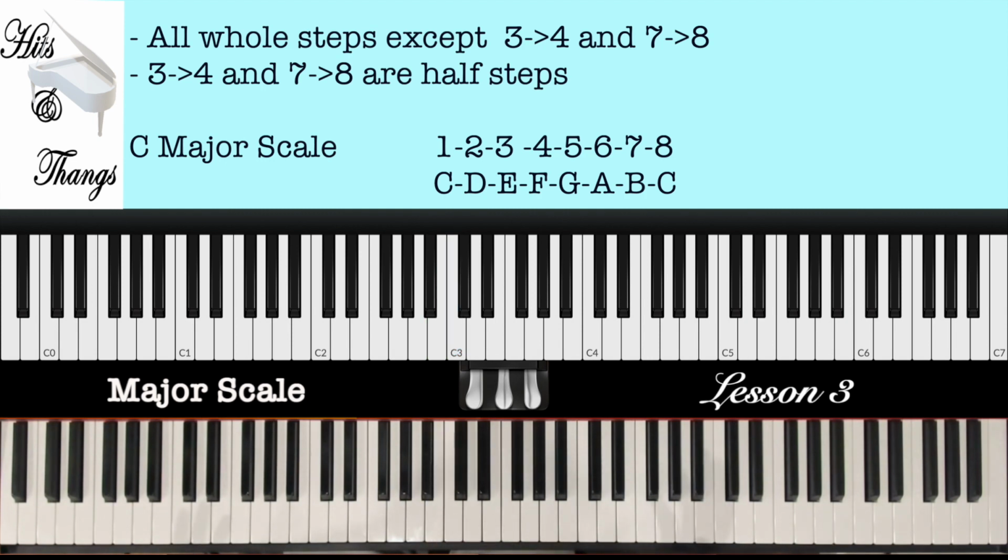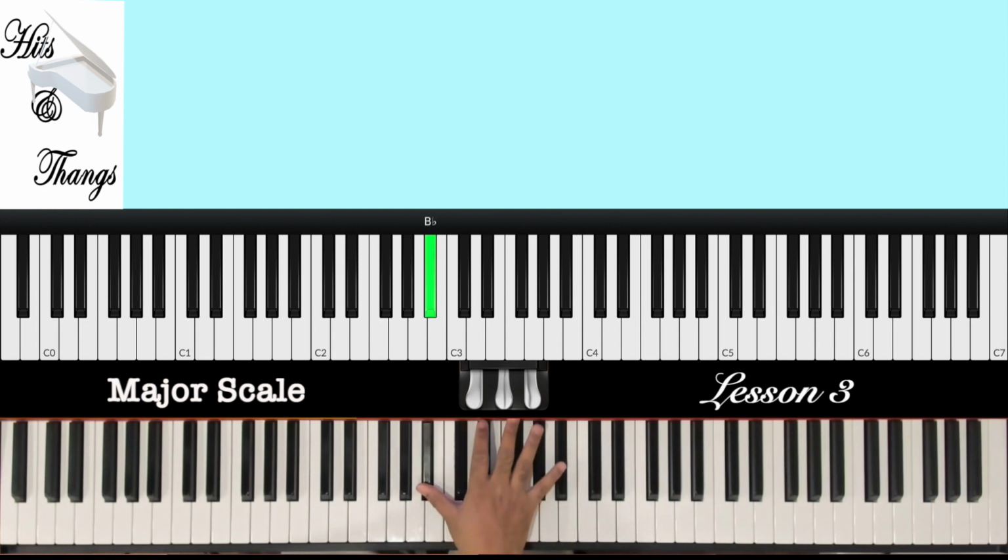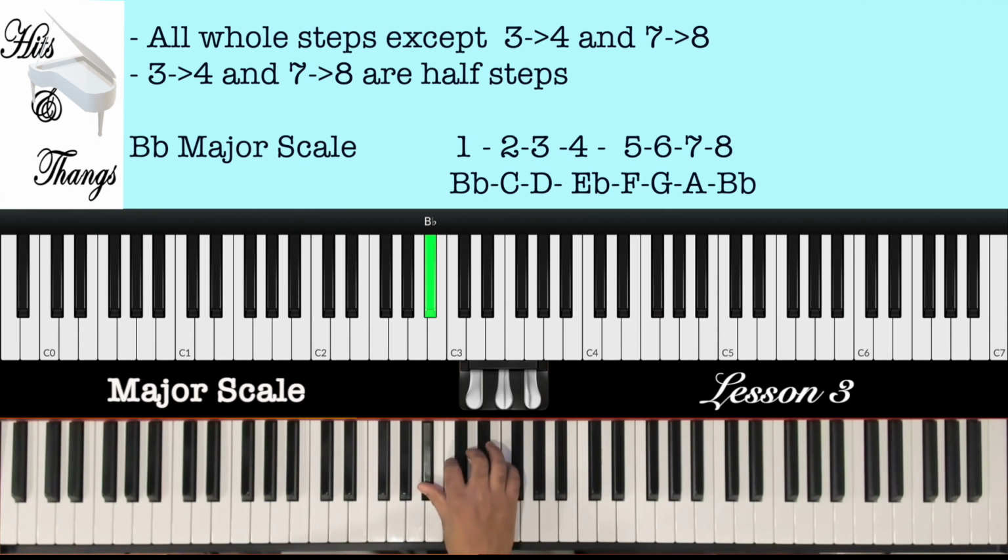All right, let's use another example as our starting point. Let's use B flat. B flat to B flat. 1 to 2, whole step, 2 to 3, whole step, 3 to 4, half step. Now, one thing you notice here is that the names keep on progressing. We don't go D to D sharp here, we go from D to E flat.